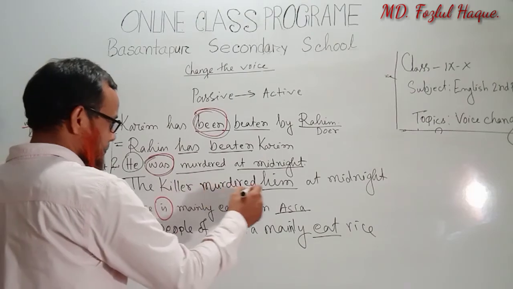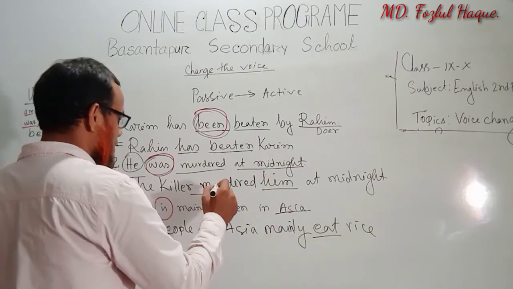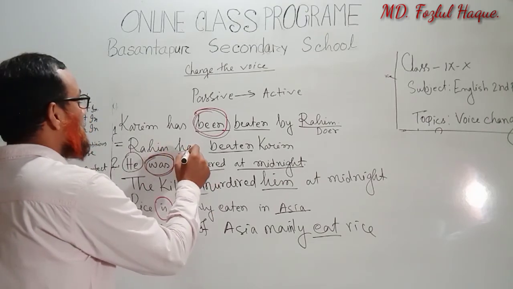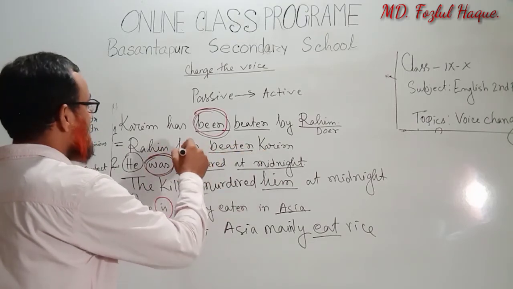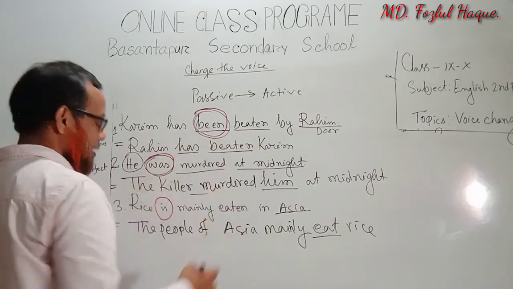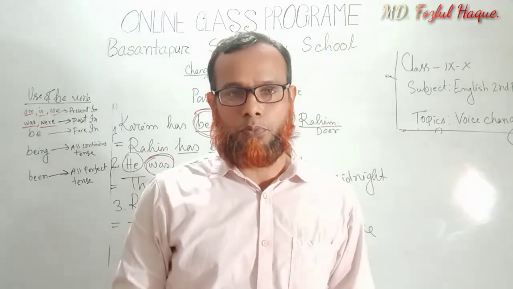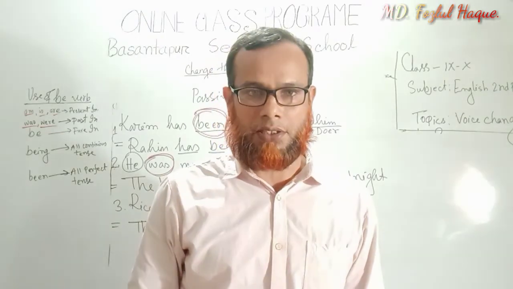Here it is active because the be verb is omitted, and the verb form is past form. Here it is present perfect, and the be verb is omitted. In active voice, the verb before the past participle is not essential.